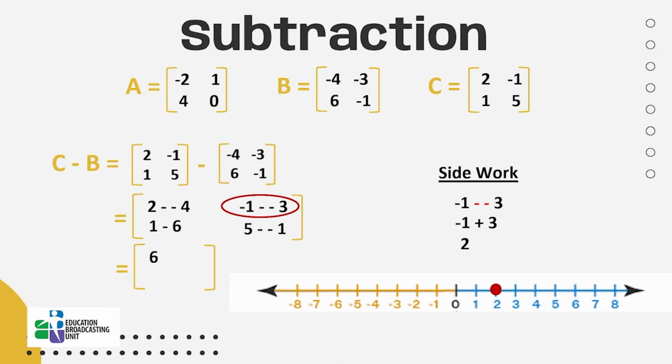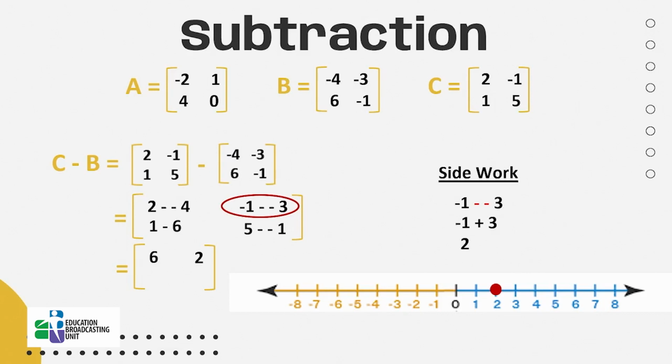We can also reapply our knowledge of the rules of addition. So where we have -1 plus 3, the signs are different, and so we will subtract and keep the sign of the greater.